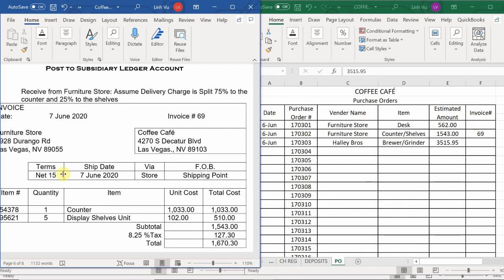But when we received the bill for one of the items, we also tacked on shipping because they had to charge us shipping. In that case, that's for purchasing inventory. It's strictly only used for purchasing inventory.